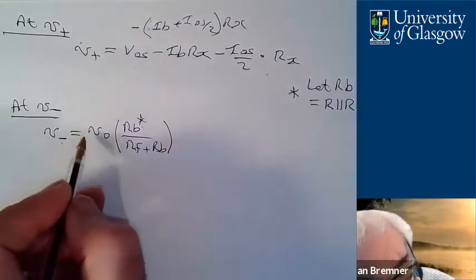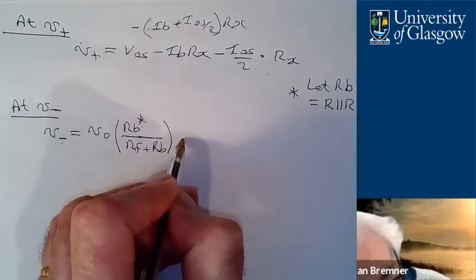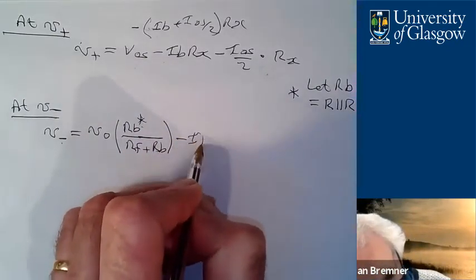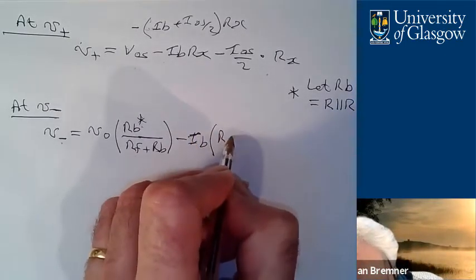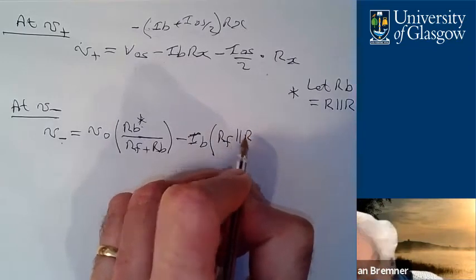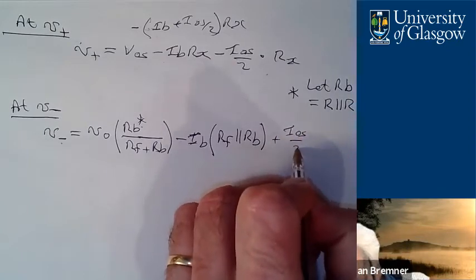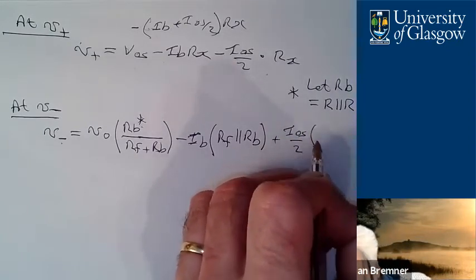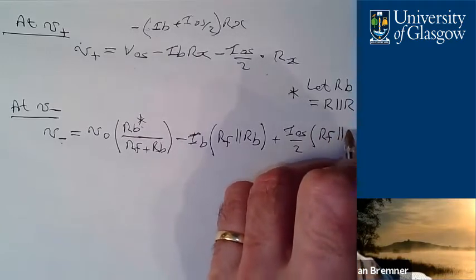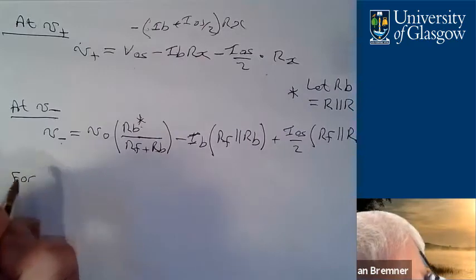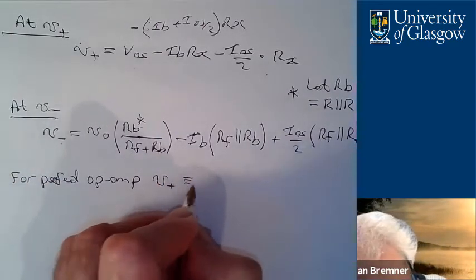So V minus equals V out times RB over RF plus RB, minus IB into RF in parallel with RB, plus IOS over 2 into RF in parallel with RB.